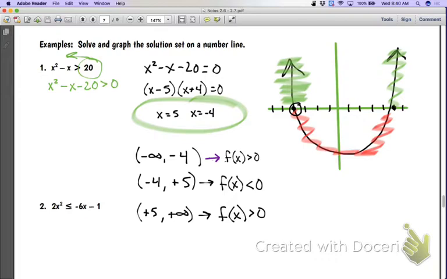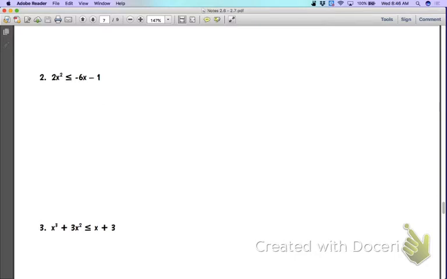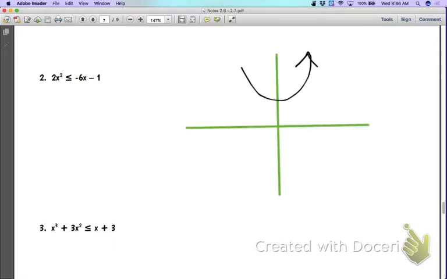Now, you may have nothing, so there may be some cases that differ. I'm just going to give you an example. What if it's up here? What if you don't have any x-intercepts? Then what's our only interval here?